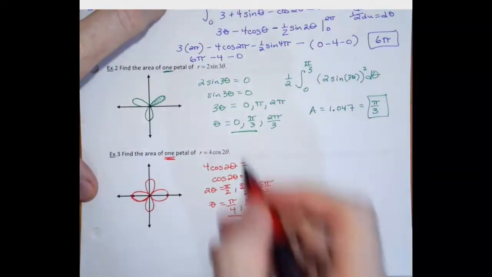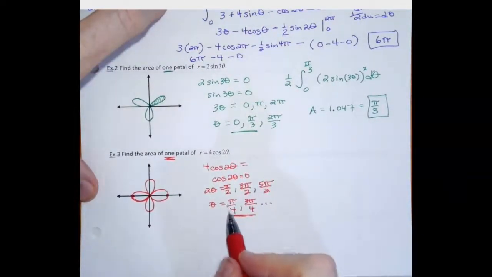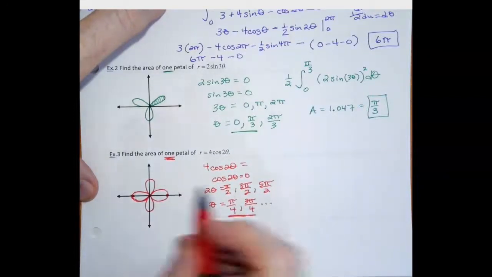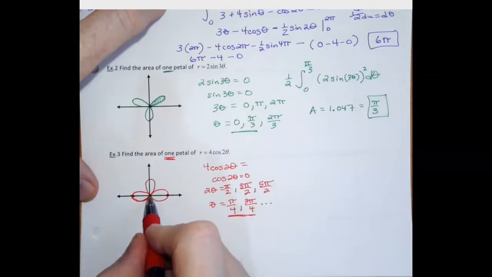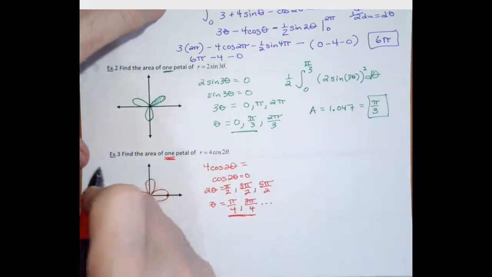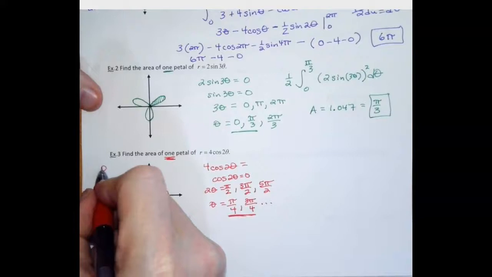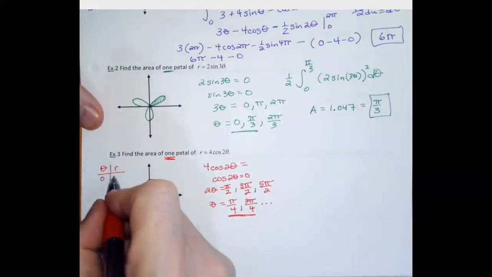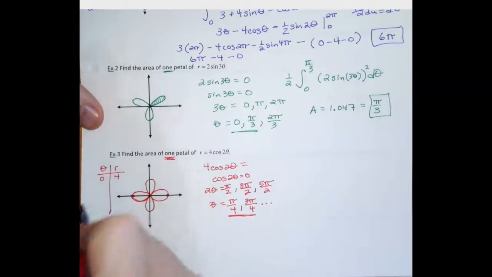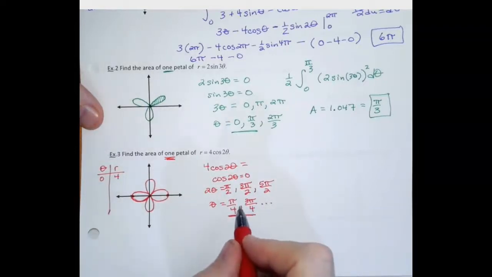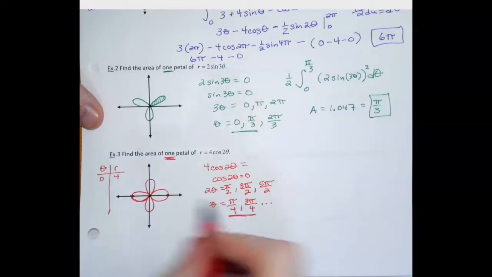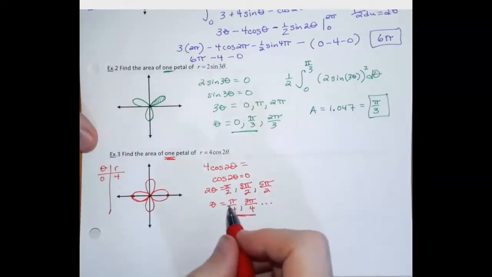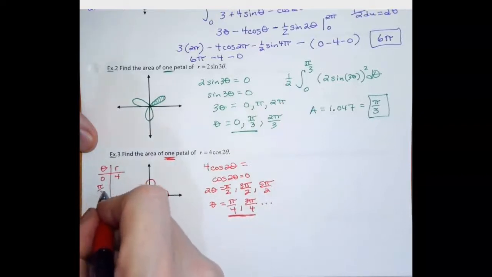alright, so what this is doing, kind of the same thing we did there, is it's giving us a place to go from 0 to 0, so it's giving us one leaf of this, one petal of this. So if we did a little t-chart, like we did up here, and we did 0, then we would have had 4, and then if we go to pi over 2, oh wait, pi over 4 is what we did next, sorry.